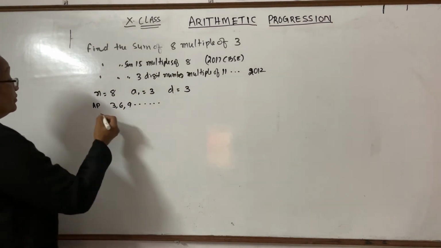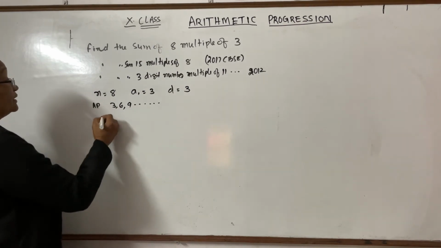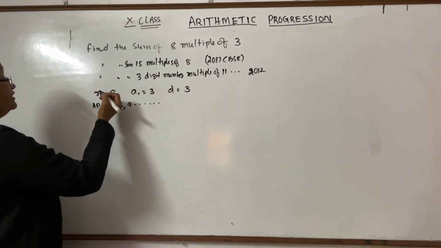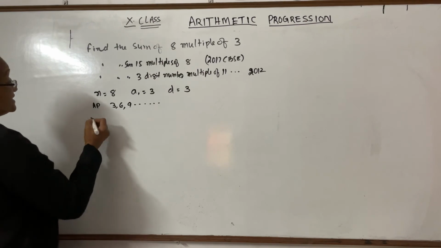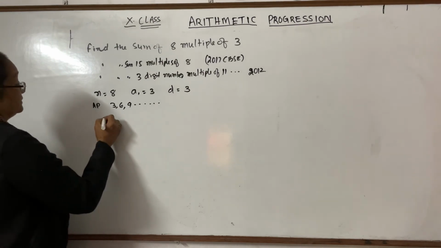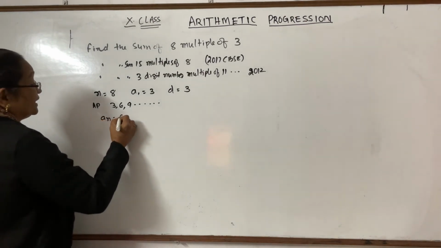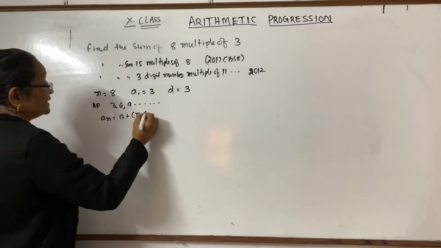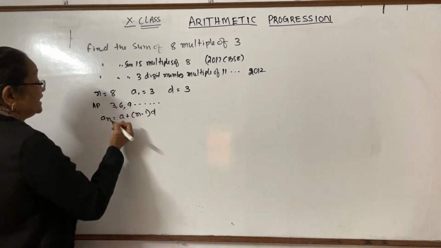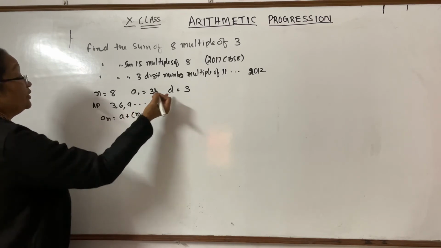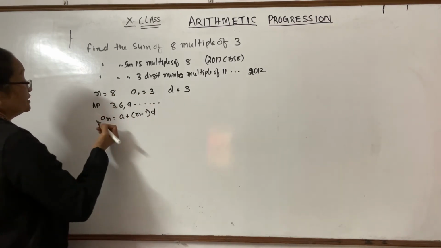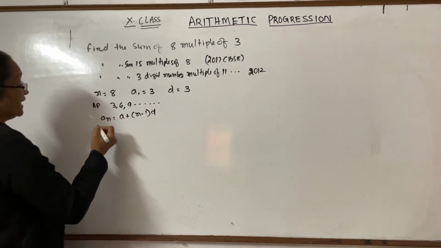So what shall we do? Now we know A, we know D, we know N. So now let us see the nth term. Nth term equals A plus N minus 1 into D. A we know, N we know, D we know, so we can find the nth term.